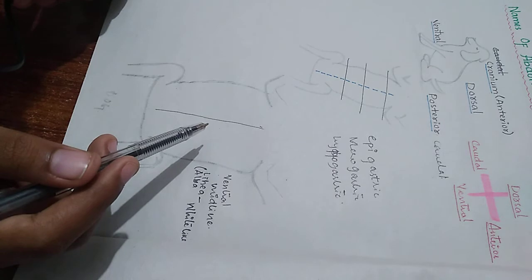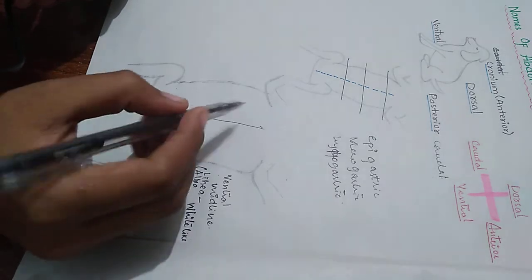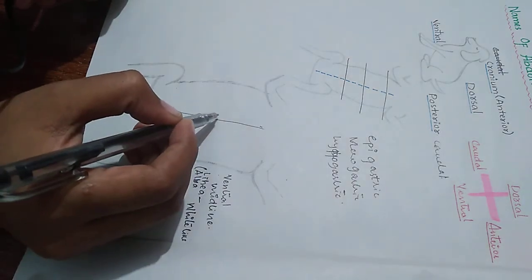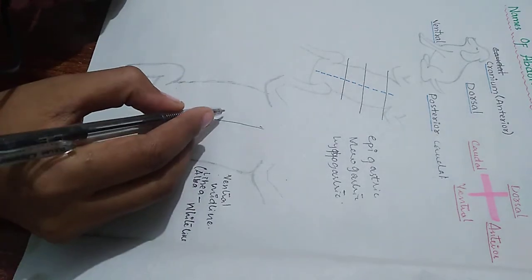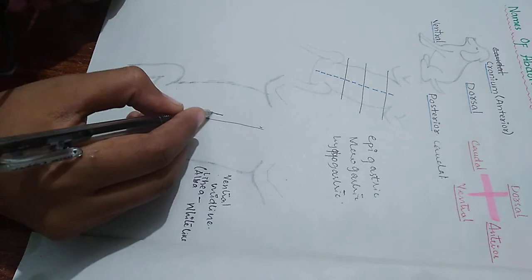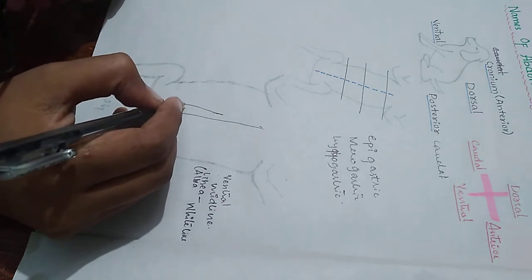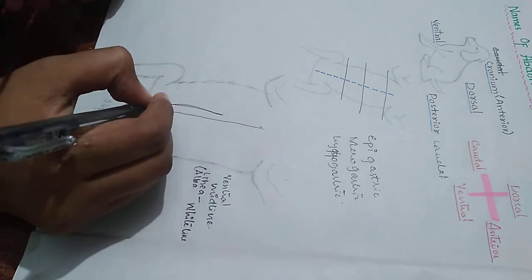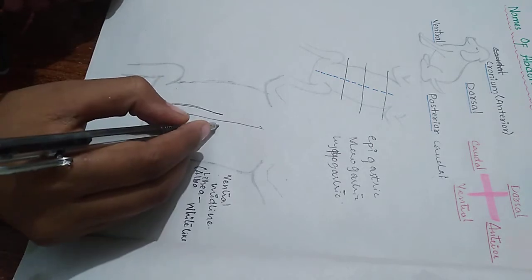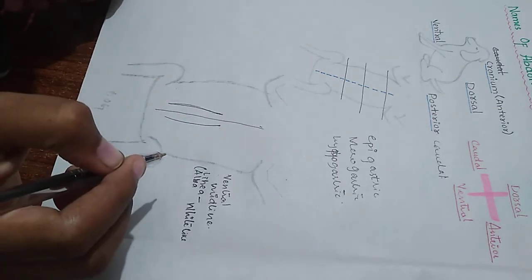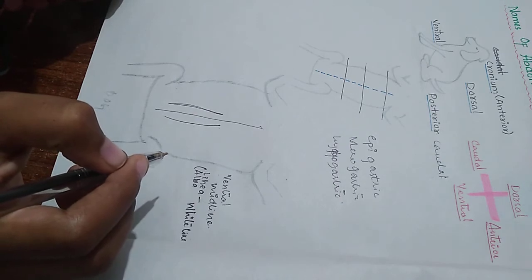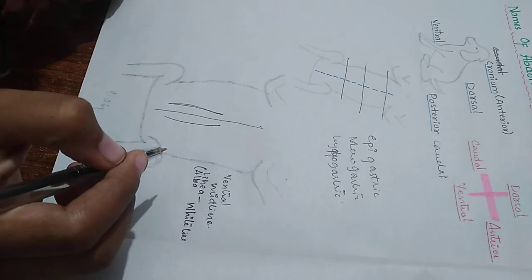Moving forward to another incision that is just beside the ventral midline. This is a paramedian. If this is on the left side, it is the left paramedian. If it is on the right side, it is a right paramedian incision. Moving forward to another incision, that is a paracostal incision.